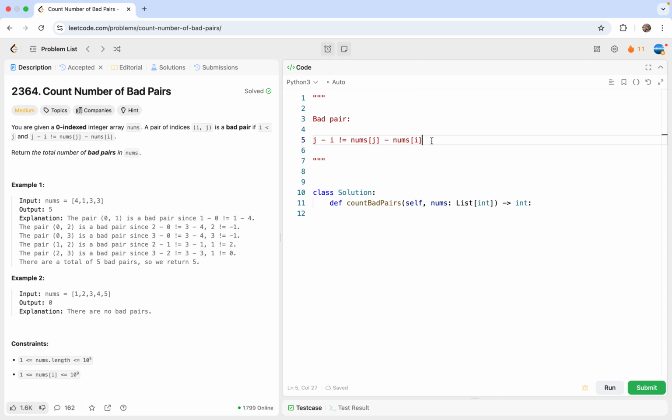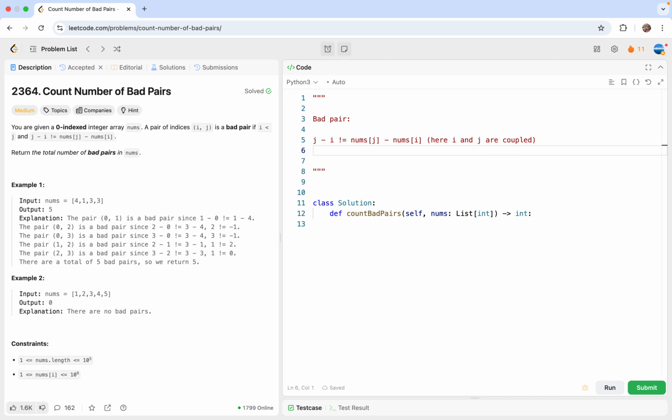In other words, i and j are coupled. We can actually rewrite this as nums j minus j does not equal nums i minus i.